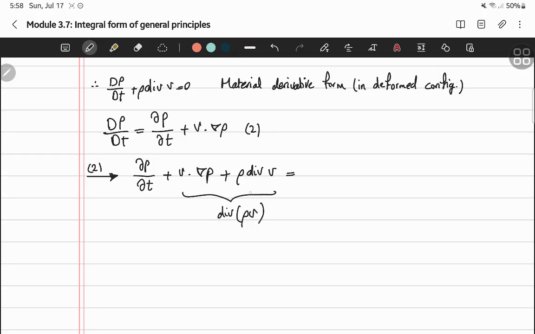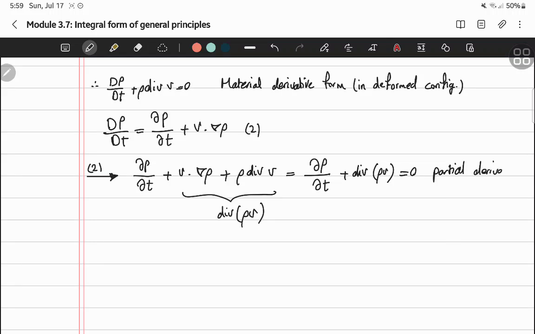So we can write this as the partial derivative of rho with respect to t plus divergence of rho v equal to 0.